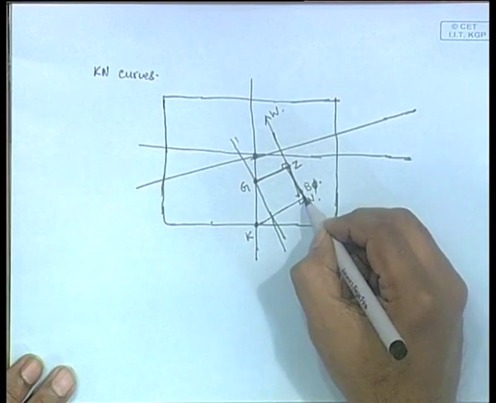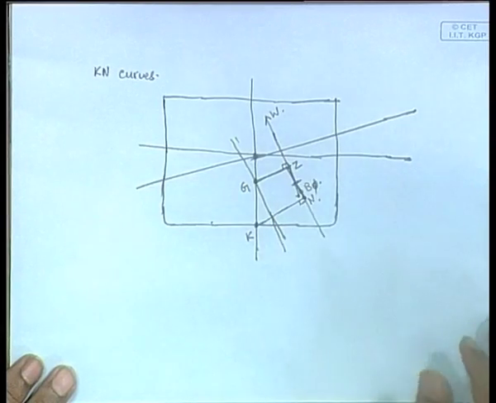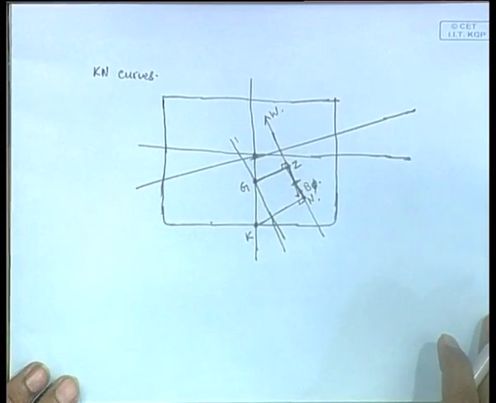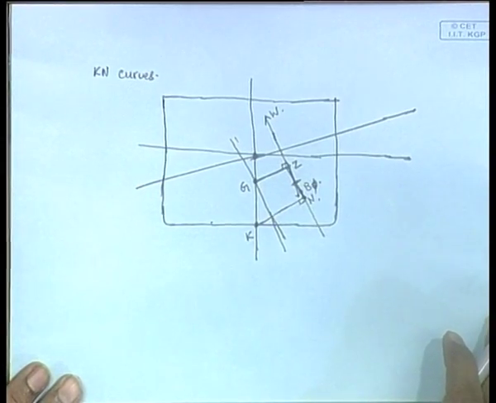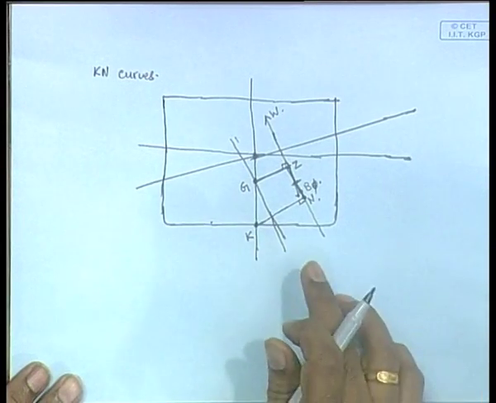At this point, it is not b phi; b phi is somewhere up here, let us say this is b phi, and G z is there. So we see that K n is parallel to G z, and both of them are perpendicular to that vertical through b phi.